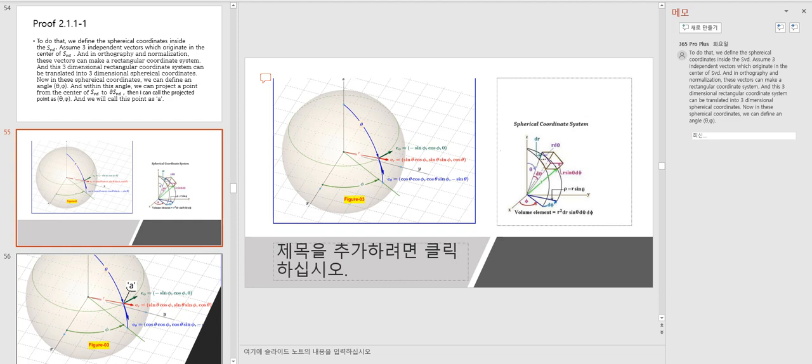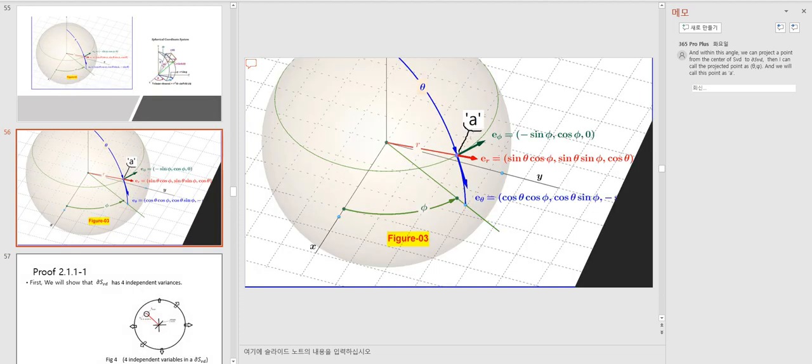Now, in this spherical coordinate, we can define angles theta and phi. Within this angle, we can project a point from the center of S3D to dS3D. I will call the projected point (theta, phi), and we will call this point A.